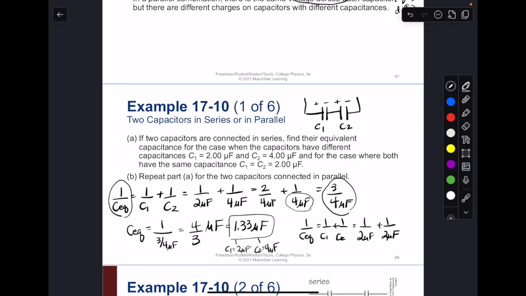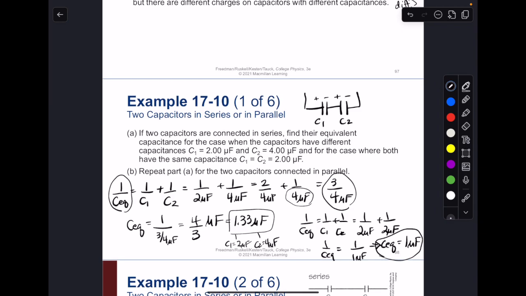And that gives me 1 microfarad, right? 1/2 plus 1/2 is 1 over 1. I'm going to inverse that, right? C equivalent is going to be 1 over that, which is simply 1. And so what you'll notice is that the equivalent capacitance is smaller, right?